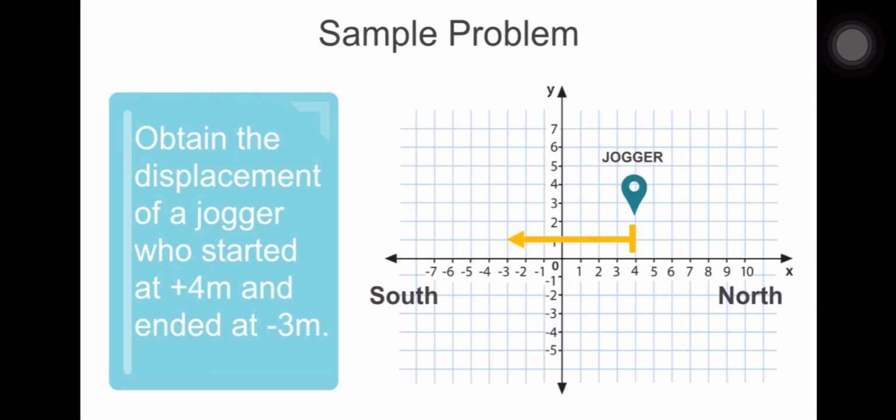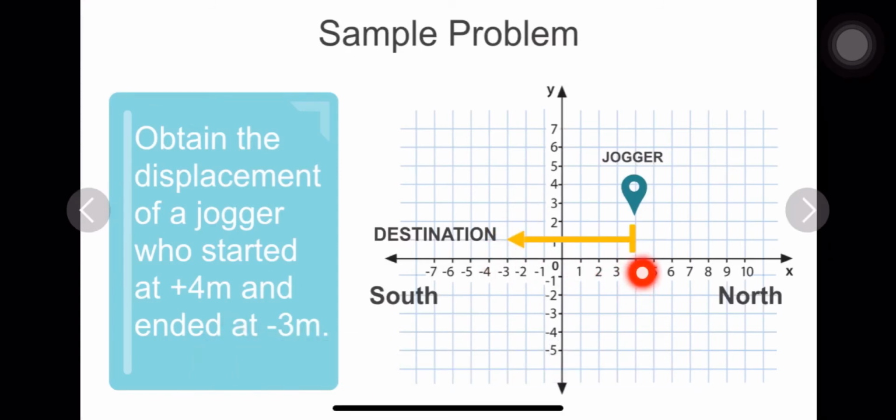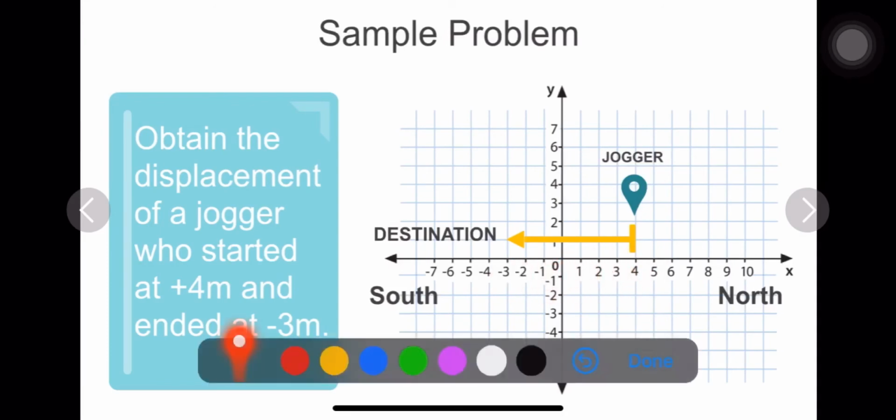That's the destination of the jogger. You can just simply count if you want. From this point at positive 4, we have 1, 2, 3, 4, 5, 6, 7. So you can say that the jogger has a displacement of 7 meters towards the south. You can just do that.